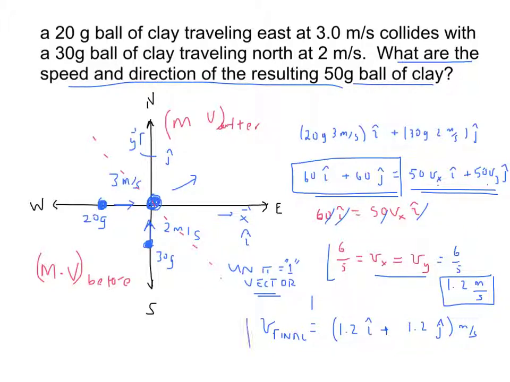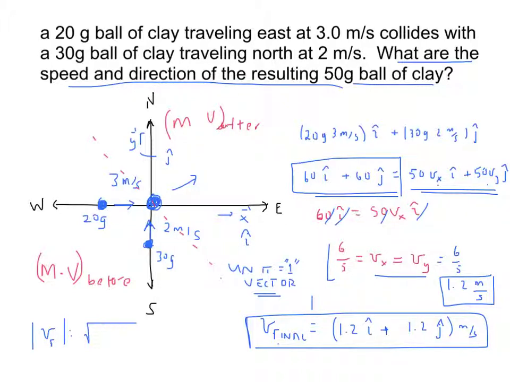To get the magnitude of this final velocity, we have to figure out the magnitude of this vector. You can see it has an x and a y component. Just like a triangle, the x component is 1.2 meters per second, and I know this is not to scale, and the y component is 1.2 meters per second.